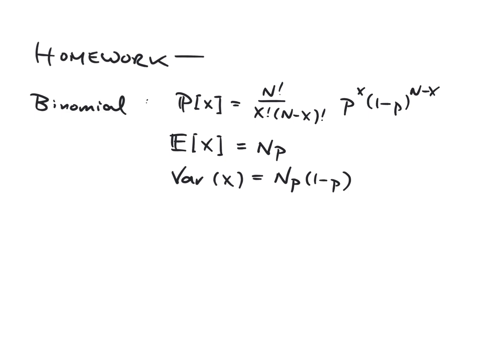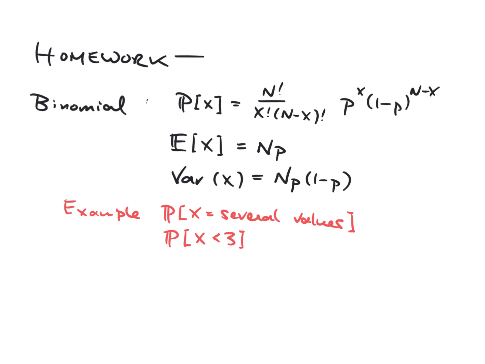When a homework question asks what's the probability that x equals, and then gives you several values, like, what is the probability that x is less than 3? That's telling you several values. X could be 0 or 1 or 2.